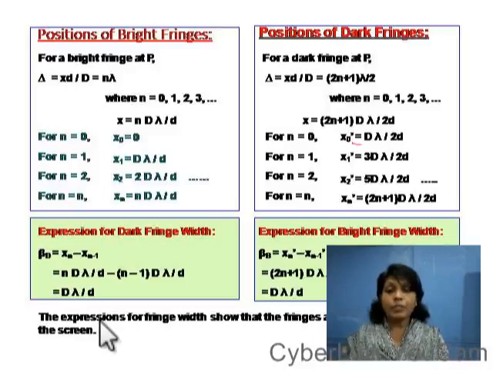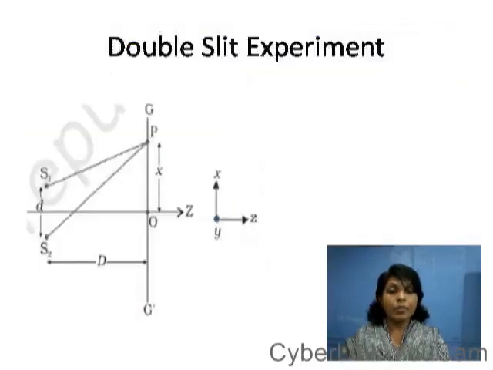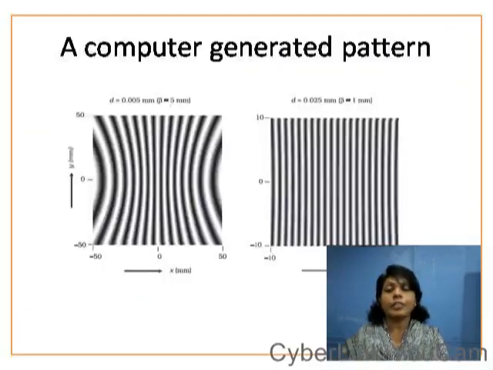So finally we got a situation where for a setup like this, on the screen you got dark and bright fringes, which is an interesting result of Young's double slit experiment, because it proved that bright and bright, two light waves can create darkness.